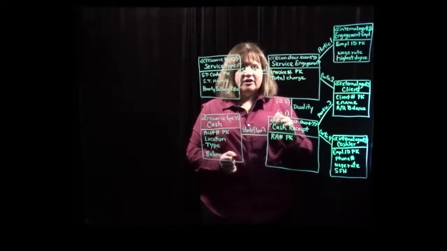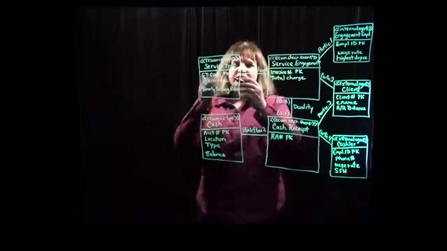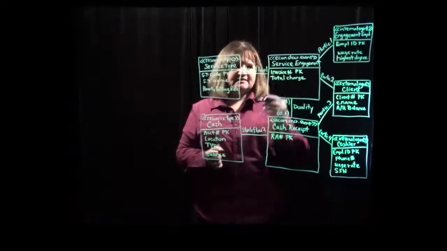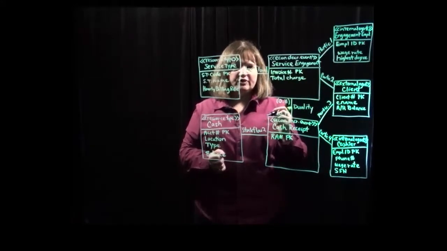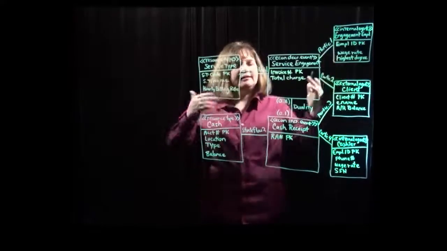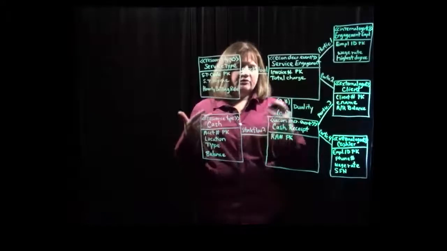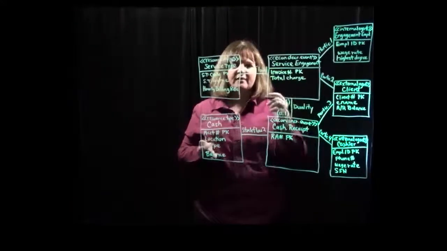We then look at our stock flow relationship, and we ask whether a service type can exist in the system without a related service engagement. And it tells us in the problem that they want to be able to put information about service types and clients and employees and cash accounts and things like that in before transactions involving them occur.